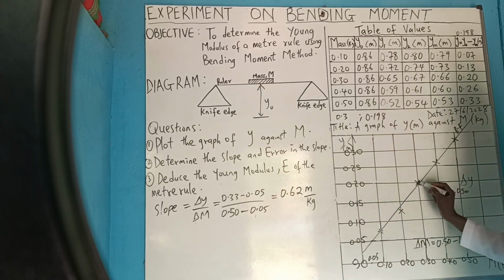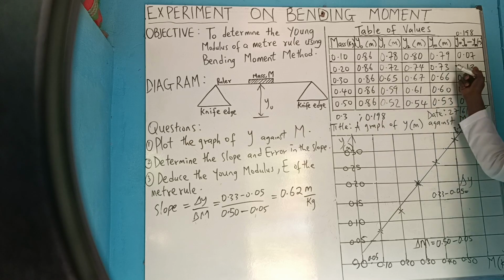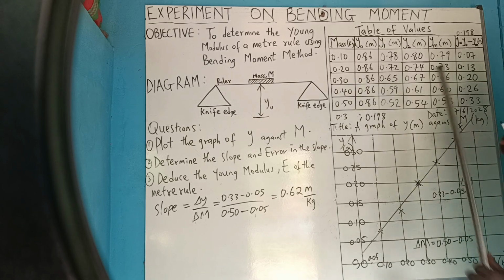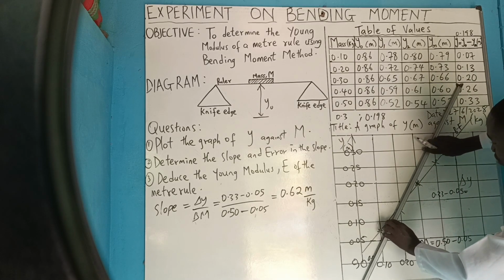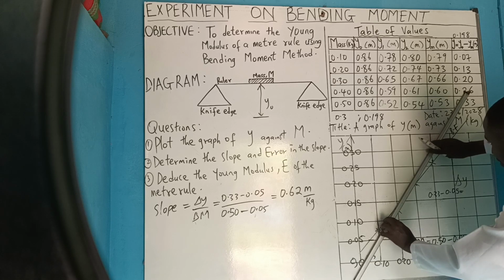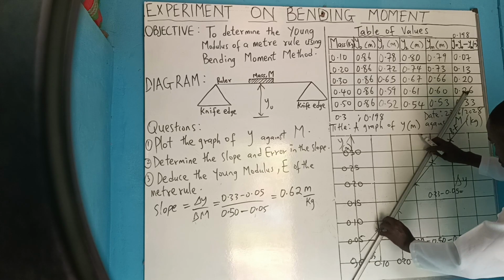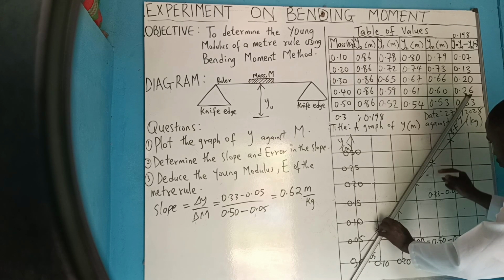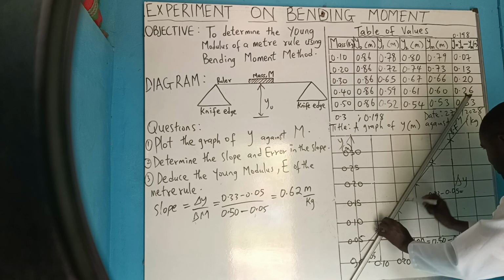We call where the mean of mass and mean of y intersect the centroid. We call it the centroid. Okay, so we put our ruler. When we put our ruler and balance it well, so we will now say this is going well.